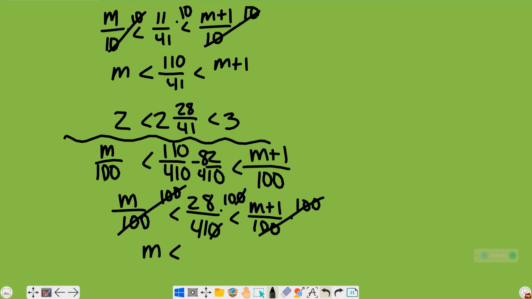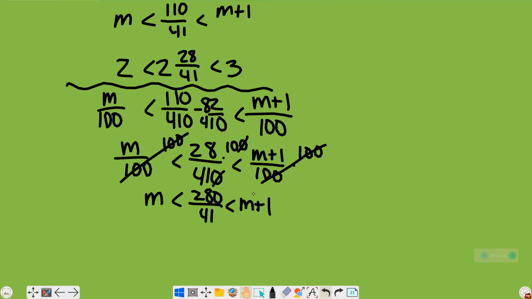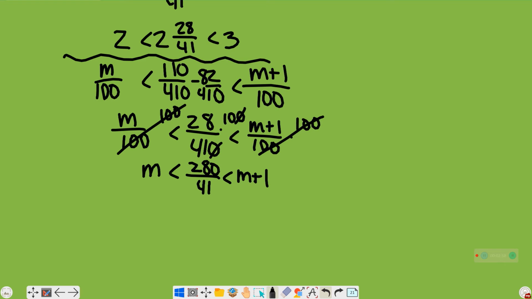So m is between 280 over 41 and, if I change that to a mixed number, 41 goes into 280 six times, and there will be 34 over 41 remaining, which means it's between 6 and 7.